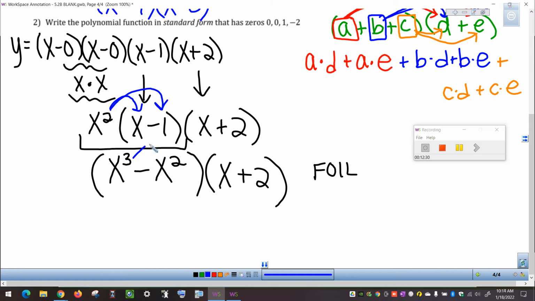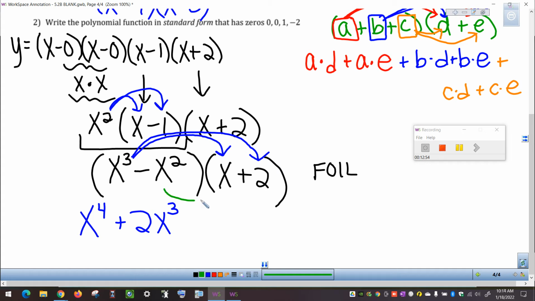So the first term times the first term would be this arrow. X to the third multiplied by another x, I'm going to turn it into x to the fourth. The outside terms would be like the x to the third is distributing to the second part. So that's going to make it plus 2x to the third.